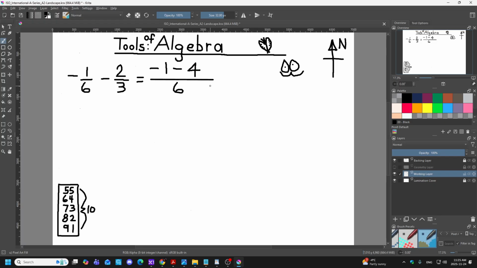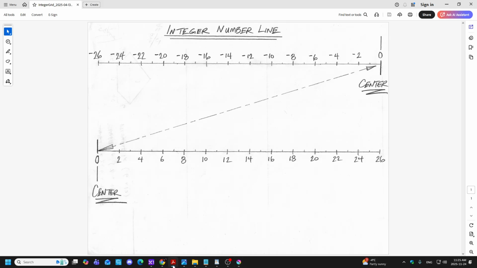Okay, so let's look at the number line or integer grid so that we can get a good understanding. Again, from 0, all positive values go to the right, positively and infinitely. Whereas all negative values increase going in the left direction, infinitely.